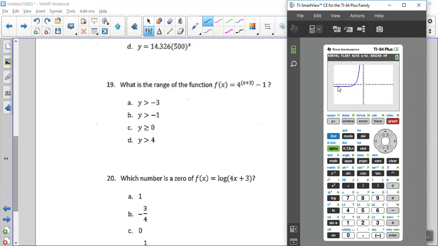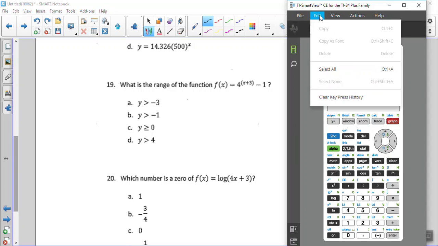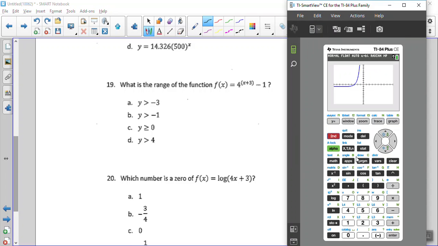So let me draw a horizontal asymptote, and I'm gonna place it where the graph is starting. Looks like the graph is starting at y equals -1. So y is greater than -1, meaning all of my y coordinates are gonna be above -1.